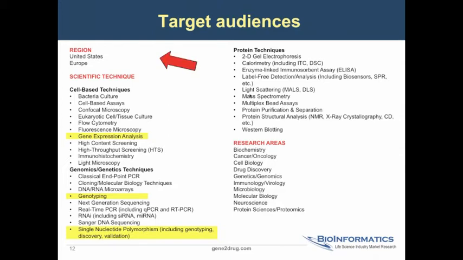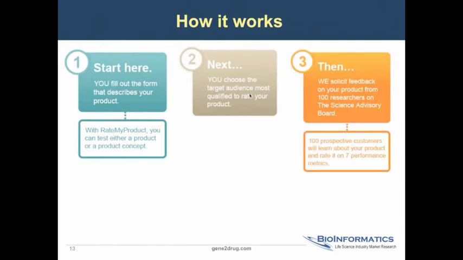You choose your region, US or EU, one scientific technique, and even the area of research if you wish. Next, 100 researchers from our Science Advisory Board will evaluate your product on multiple attributes.